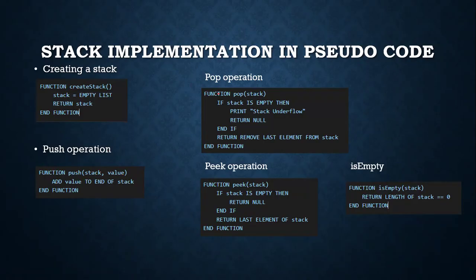There's a pop operation, where you get the stack as a parameter. So for example, let's just say you've created an array. The pop function will get the array as the stack, and then if the stack is empty, print stack underflow, then return null, and otherwise remove the last element from the stack. So the operation is you get that element and then you just remove it.